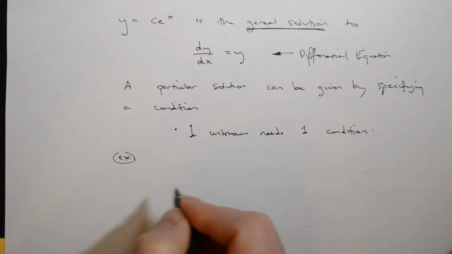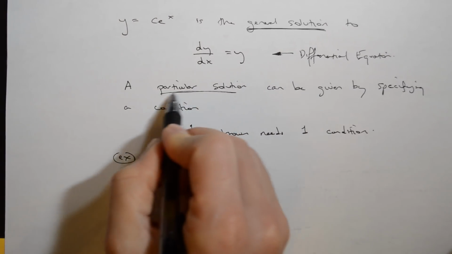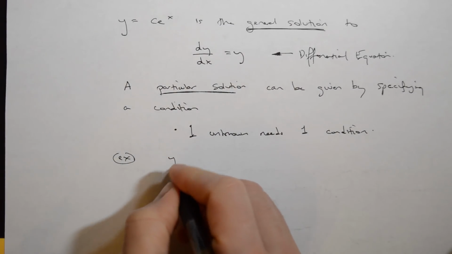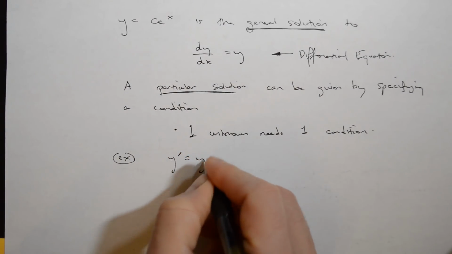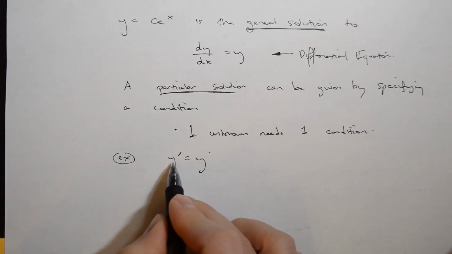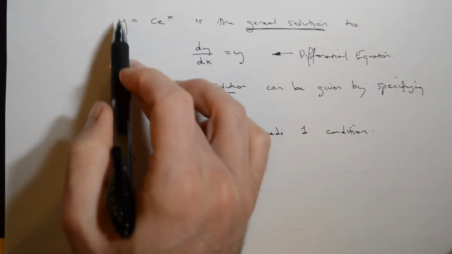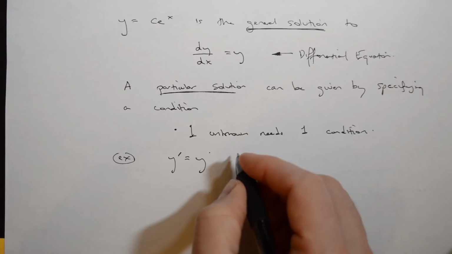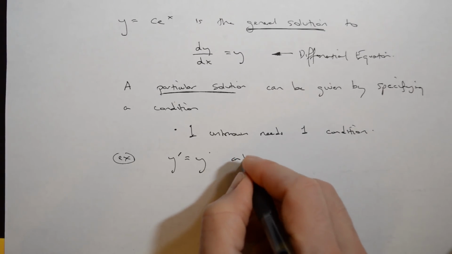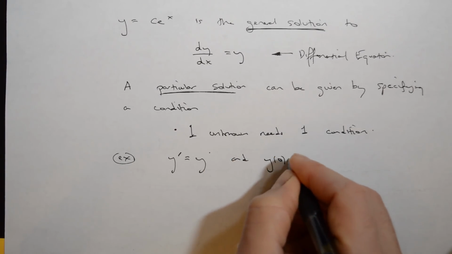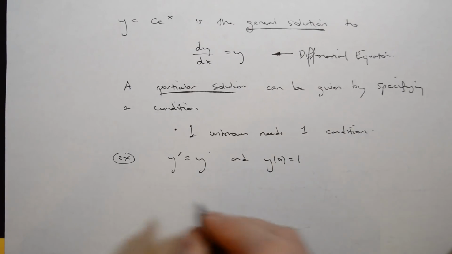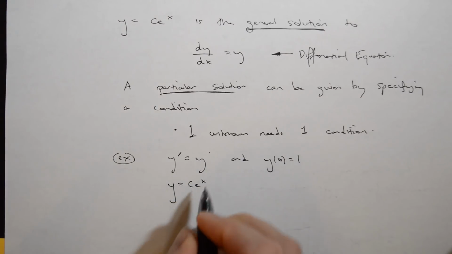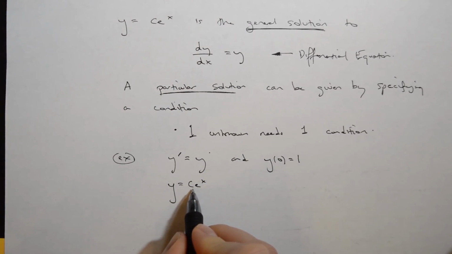Three unknowns, three conditions, and so on. So, for example, in order to find a particular solution out of this family from the general solution, suppose we're trying to find a function that satisfies this differential equation, y prime equals y. Here are an infinite number of functions that satisfy y prime equals y. How can we also pick one that must satisfy a given condition, like y of 0 equals 1? So we have our general solution, y equals c e to the x, where this constant is not known.